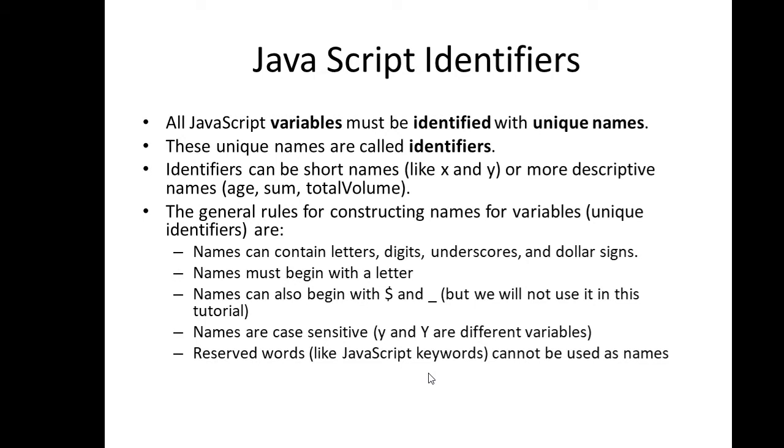Names must begin with a letter. Names can also begin with a dollar sign and underscore, but we will not use this in this video. Names are case sensitive, so that means that the small letter y and the uppercase letter Y are different variables. Reserved words like JavaScript keywords cannot be used as names. So again, it's very similar to other programming languages, maybe with just minor differences.